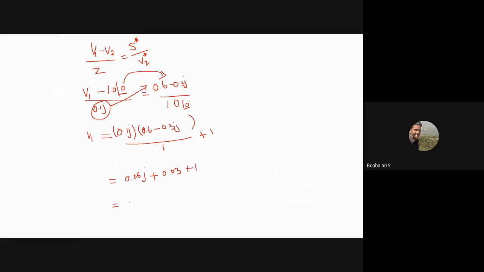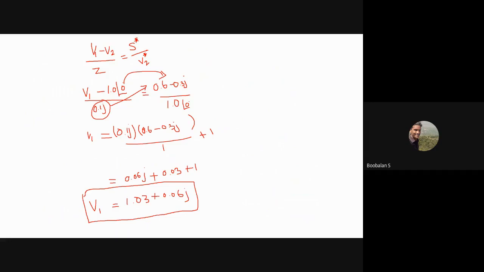Finally you will get 1.03 plus 0.06 J. I couldn't write it clearly because my handwriting is difficult, as I'm using a mouse pointer. So this is my sending end voltage V1, equal to 1.03 plus 0.06 J.